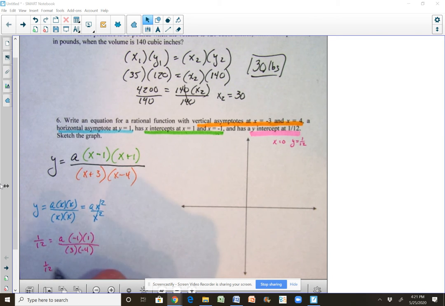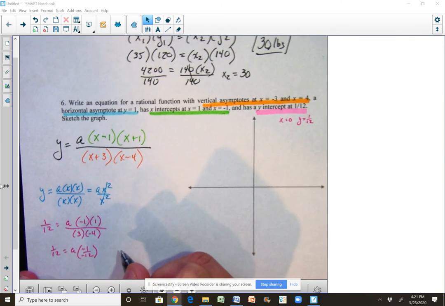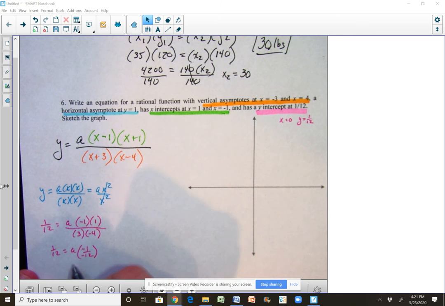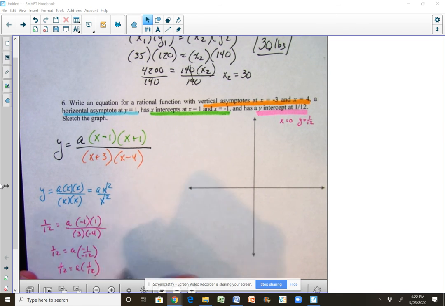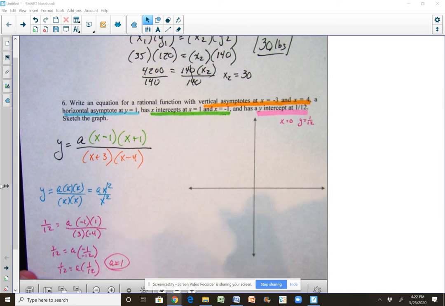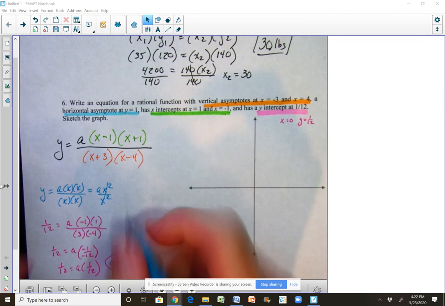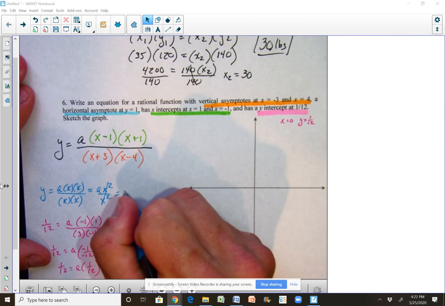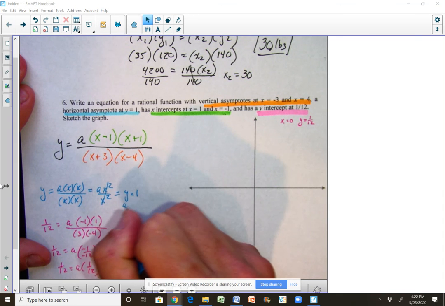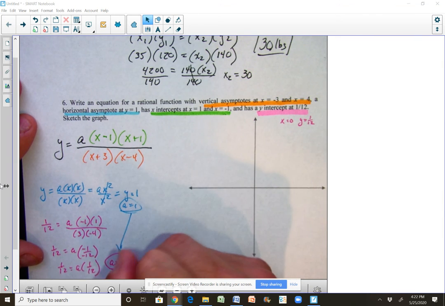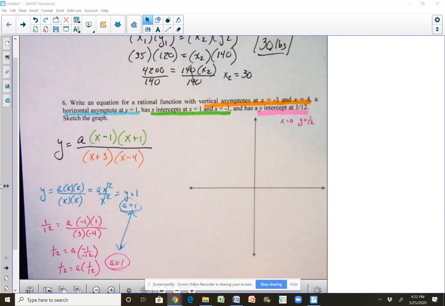So 1/12 is equal to a times -1 over -12. And so in that case, this is like 1/12 equals a times 1/12. If I divide by that, I also come up with the fact that a is 1. So whether you use the horizontal asymptote or the y-intercept, in either case, you'll see that you get the same result. Okay, so the a coefficient has to be 1.